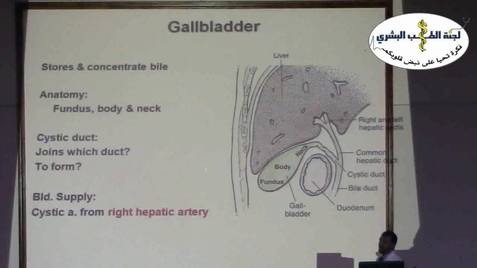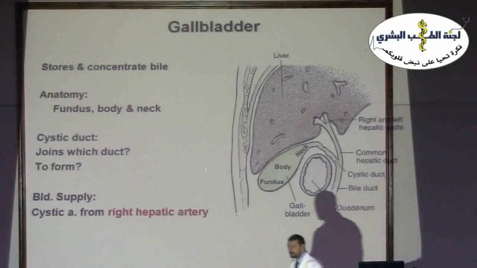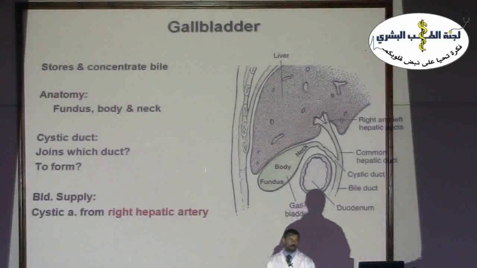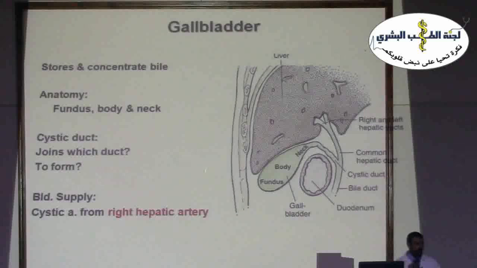What's important in the gallbladder now is its arterial blood supply, because this is important during cholecystectomy. What is cholecystectomy? Surgical removal of the gallbladder. When it gets inflamed or when it has gallstones. So during cholecystectomy, before cutting or removing the gallbladder, you have to ligate the blood vessel supplying the gallbladder, which is named the cystic artery.